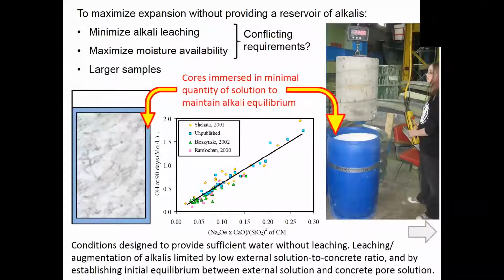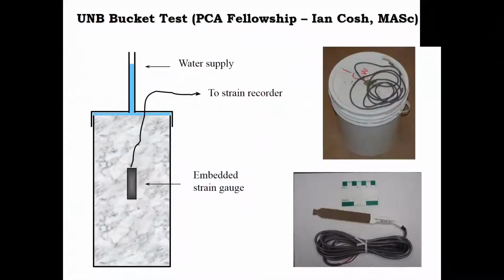So our approach with this early work was to use very large samples to minimize leaching and provide them with access to water, the water being balanced to match the alkali content in the concrete, but having a very small amount of water so that we don't provide a sink for leaching. And that kind of became our proposed lab scale version of this test.